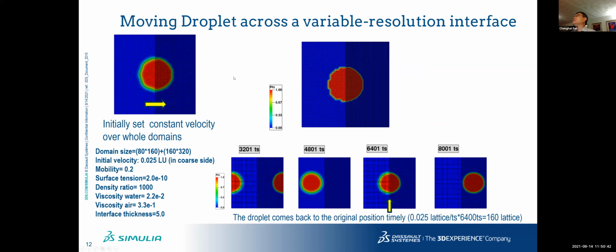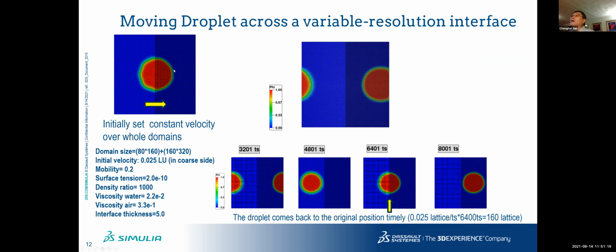So next is a demonstration of the variable resolution. Initially, the left is coarse and the right-hand side is a fine grid. When the droplet moves across the interface, it has a very smooth transition.